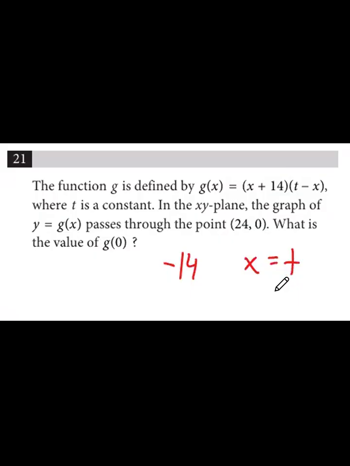So in that case, we know that g of 24 is equal to 0.